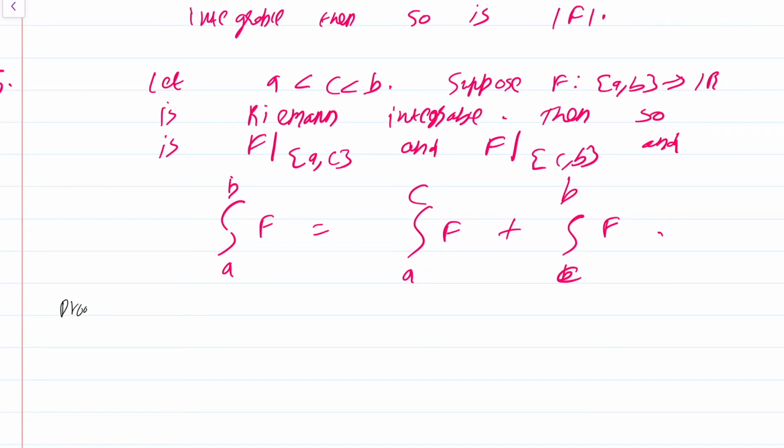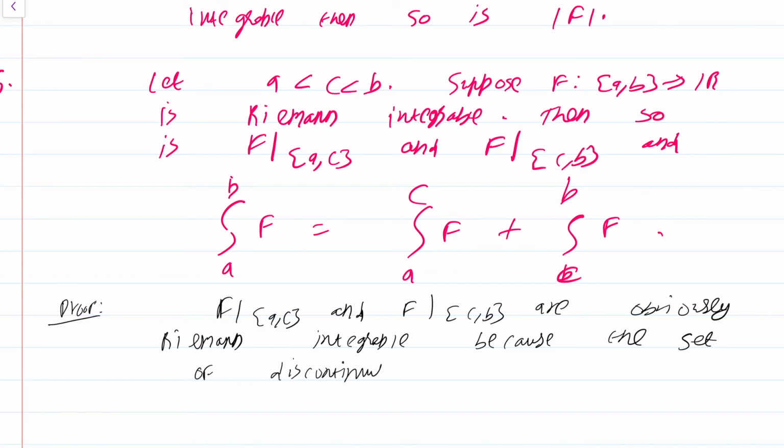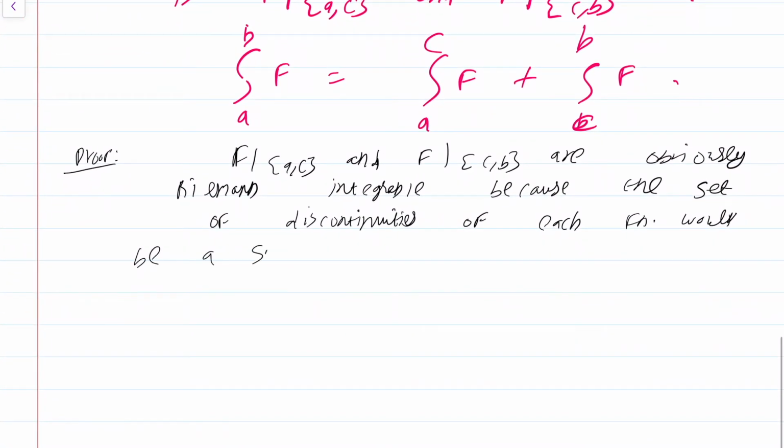Proof. f restricted to [a,c] and f restricted to [c,b] are obviously Riemann integrable, because the set of discontinuities of each function would be a subset of the set of discontinuities of f.